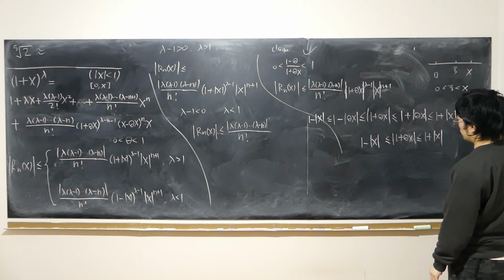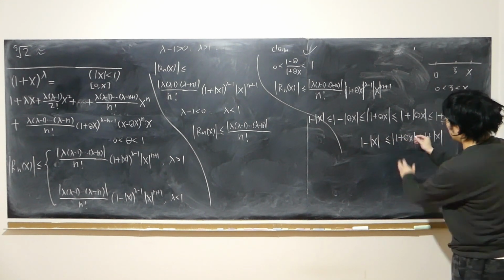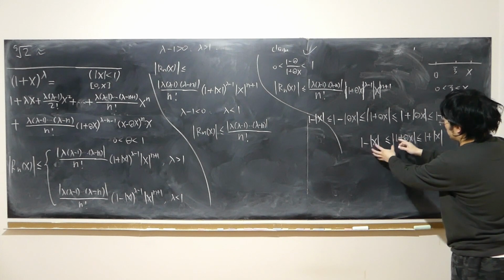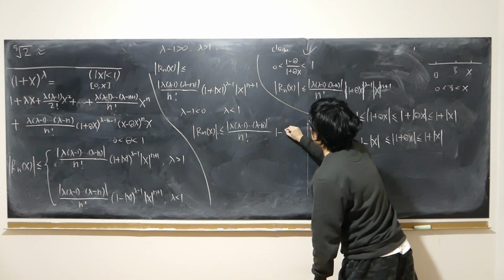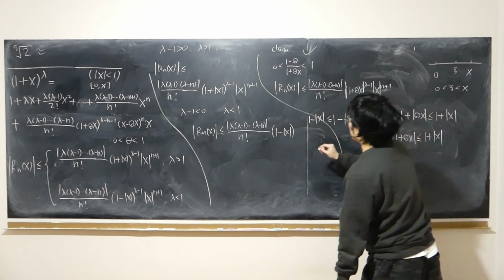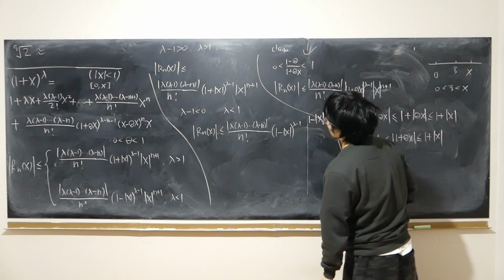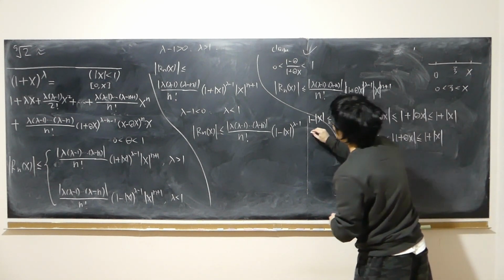So originally this is bigger than that. Now we say this must be less than this raised to the same power. So again, copy down: 1 minus absolute value of x to the power of lambda minus 1, a negative power this time. Still copy down the remaining.